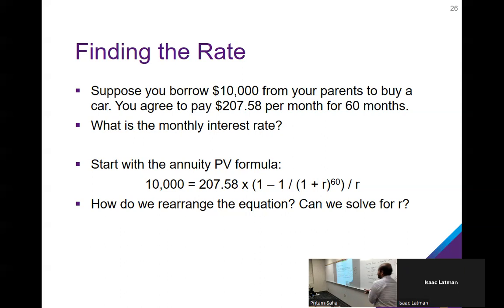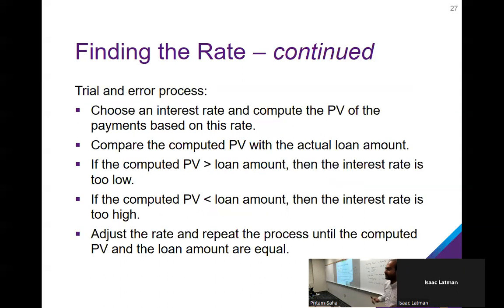If you want to calculate the interest rate through the formula without the calculator, there is no direct way to calculate it using the formula. So basically, before the financial calculator and before Microsoft Excel, a trial and error process was used to calculate the interest rate.